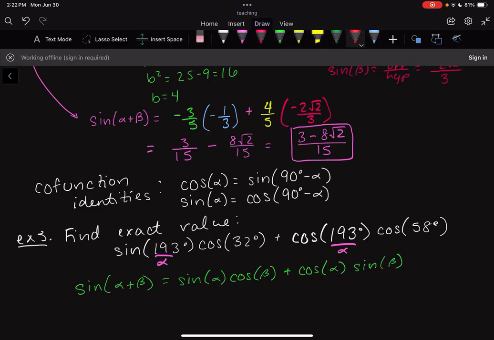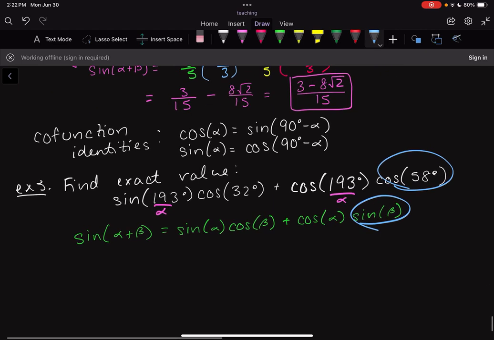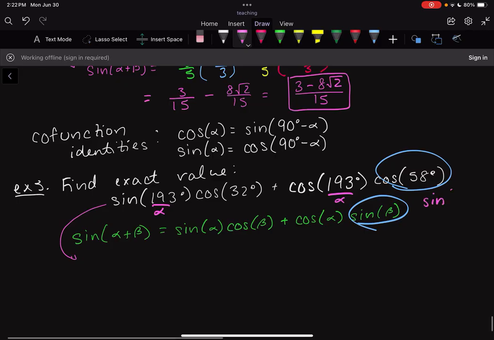But right here is the problem. That right there is an issue. So what we can do instead is rewrite this identity. Instead of writing cosine of 58, let's do sine of 90 minus 58. 90 minus 58 is 32.